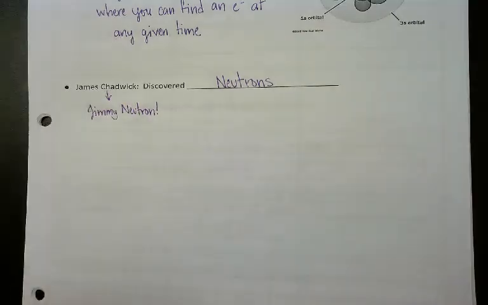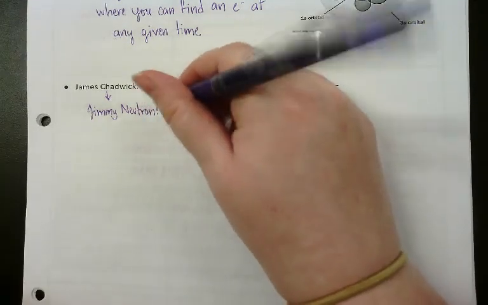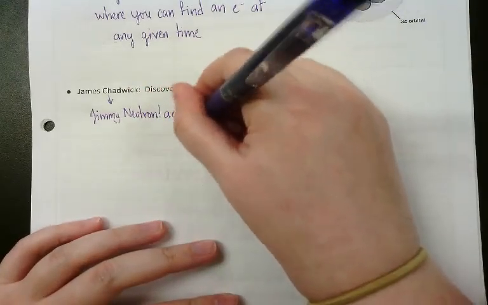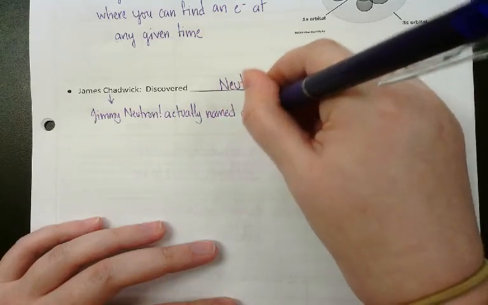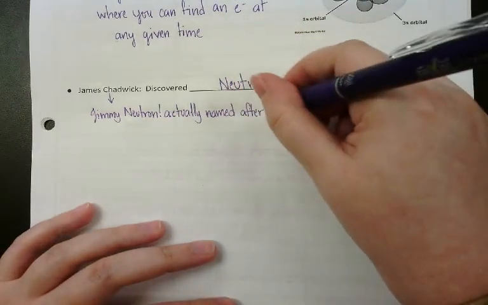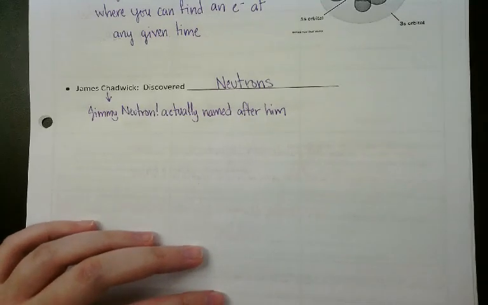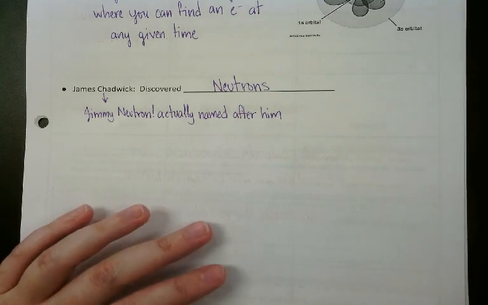So James Chadwick is literally the real life Jimmy Neutron. He was actually named after him. So that's how I remember that Chadwick discovered neutrons. Because like I said before, you do have to know who discovered what, and their model.